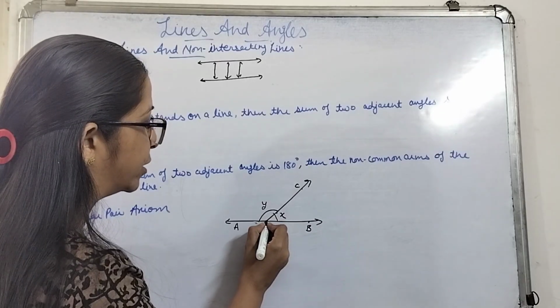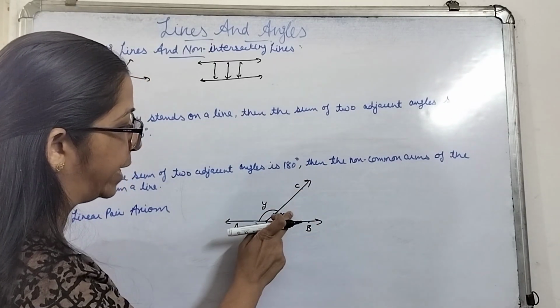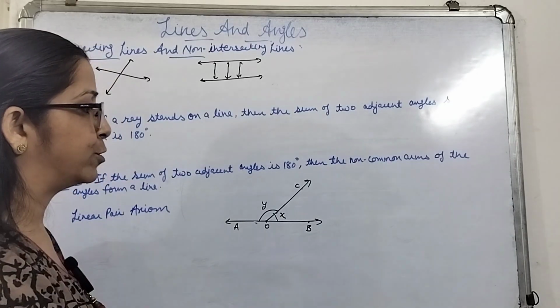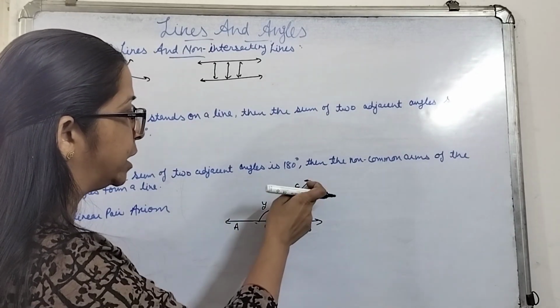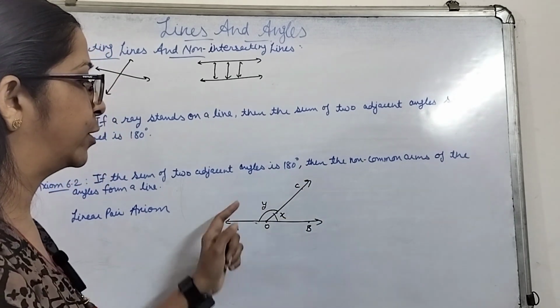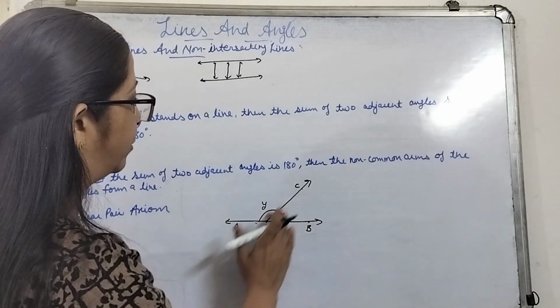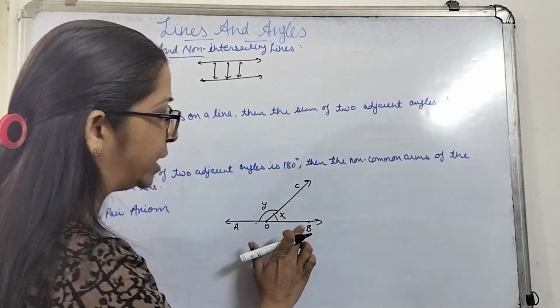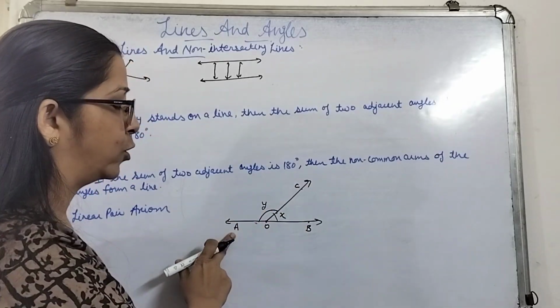So why are these two angles adjacent angles? Because they have a common endpoint, that is O is the common endpoint for angle X and for angle Y also. They have a common arm also, that is OC is the common arm for both angle X and angle Y. And the non-common arm for angle X is OB, and for angle Y, OA is the non-common arm.